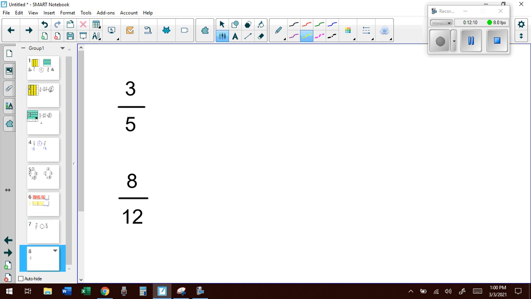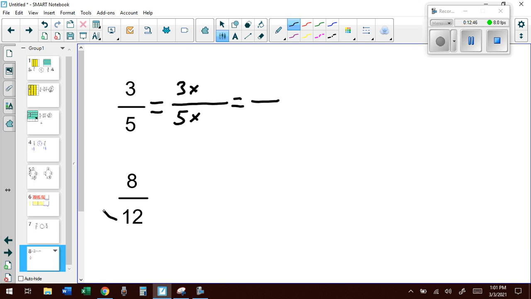Now we had talked about the easiest way to find a common denominator. So we're going to find a common denominator, a multiple of 5 that is also a multiple of 12. So here, we're going to use multiplication. We're going to times 3/5 by something, and we're going to get an equivalent fraction. Well, before I had said that the easiest way to find an equivalent fraction is to multiply one denominator by the other. So my denominator here is 5.